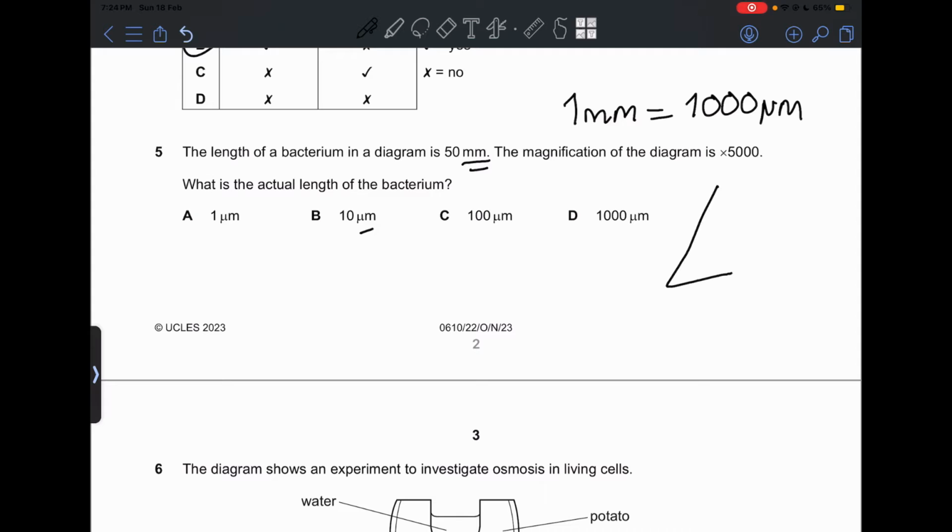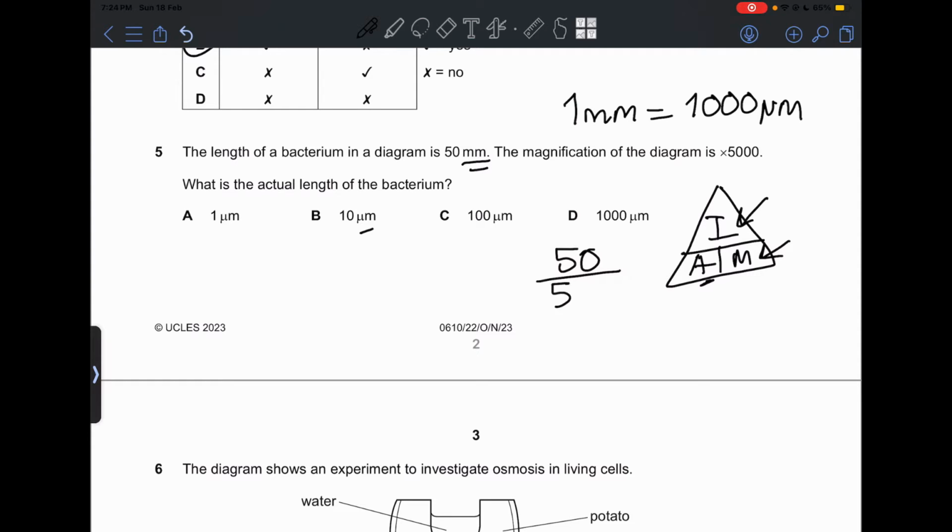So as I explained in my paper 6 videos, you have a triangle called IAM. The I stands for image, and the A stands for actual size, and the M stands for magnification. So you're going to be dividing the image size, which is 50 millimeters over here, and the actual size is needed. So you're going to be dividing also 5000 because we've got the image size and we've got the magnification, so you only need the A, which is the actual size.